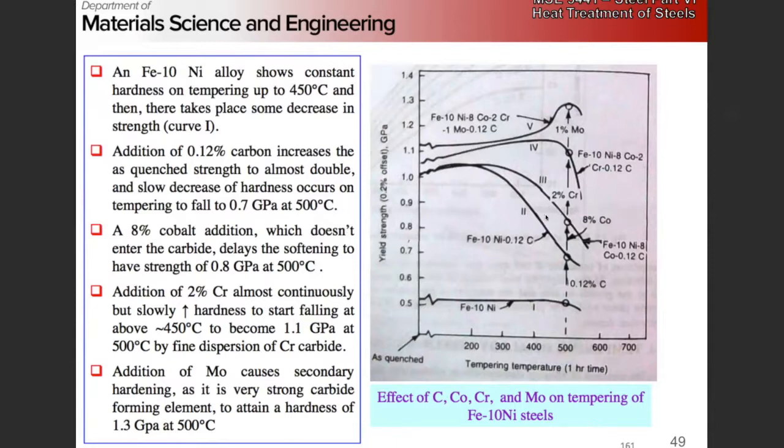If we add some chrome, we now have a continuous hardening on tempering due to the formation of chromium carbide, followed by a softening. Then if we add molybdenum, we get a very strong secondary hardening from molybdenum carbides that form.